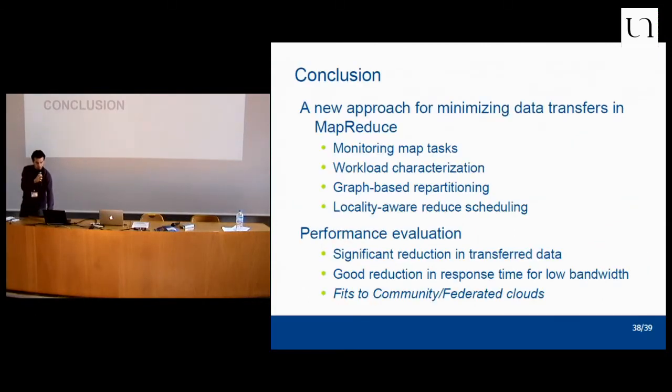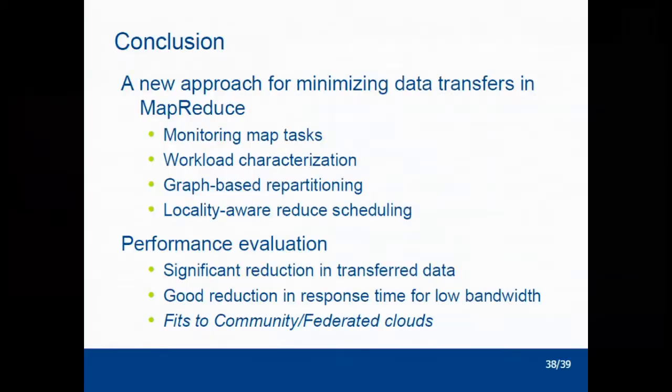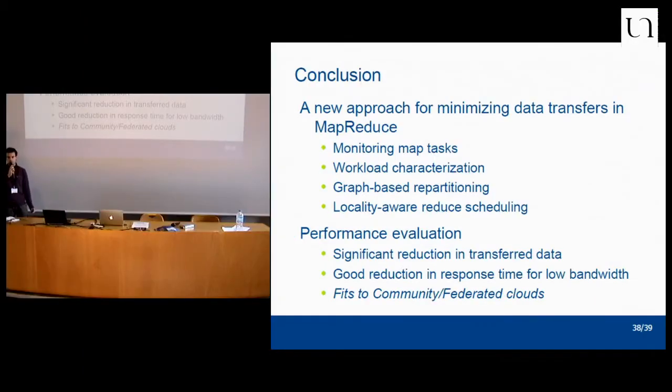So to conclude, we have presented a new approach for minimizing data transfer in MapReduce. It's a general approach which is based on monitoring map tasks and characterizing the workload through a graph. Then we apply a repartition which is based on a graph partitioning algorithm. And then by using locality-aware scheduling, we can reduce the amount of data that is transferred through the network.